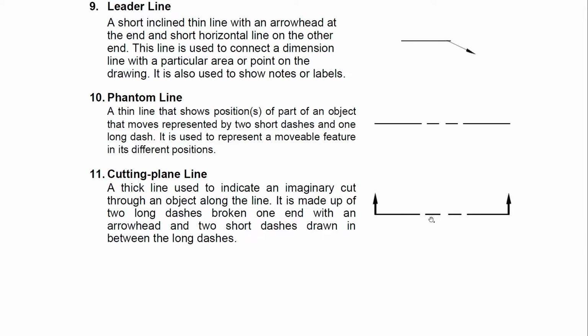So, meron siya ditong dalawang short dashes sa center and then merong two long arrowheads sa magkabilang dulo. Okay? So, inirepresent nito or ini-indicate nito yung imaginary cut kung saan ba kinuha yung cut sa isang object. So, for example, nag-section line tayo, tapos para malaman natin kung saan siya kinuha or saang part siya ng object, so pwede tayong maglagay ng cutting plane line.